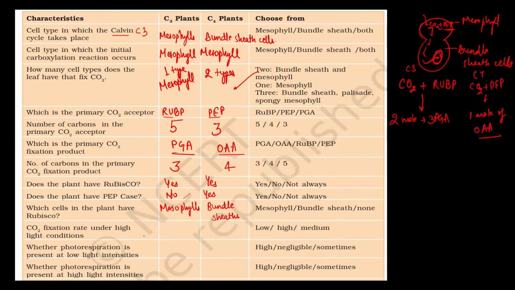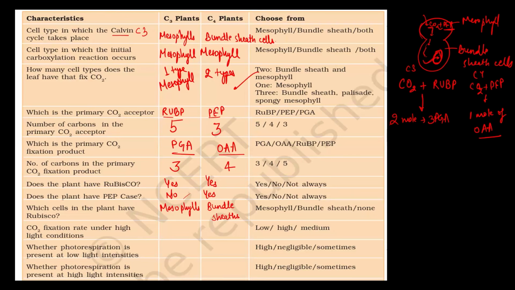Okay. Now, the next question is carbon dioxide fixation under high light condition. So, if you see, C3 plants have low temperature optima, right? And if temperature is low, it means low temperature optima. It means that it will work better in low light intensity.